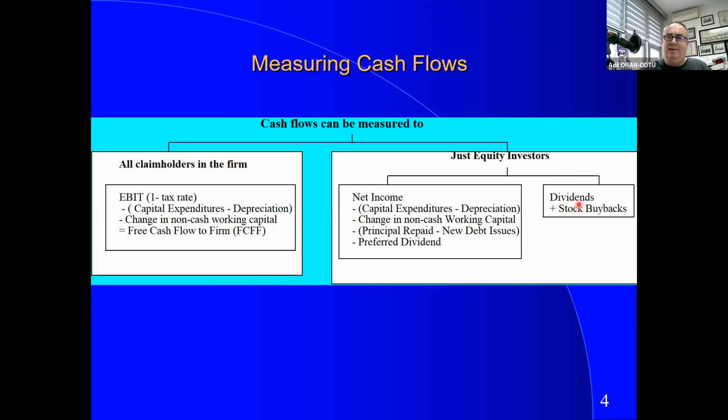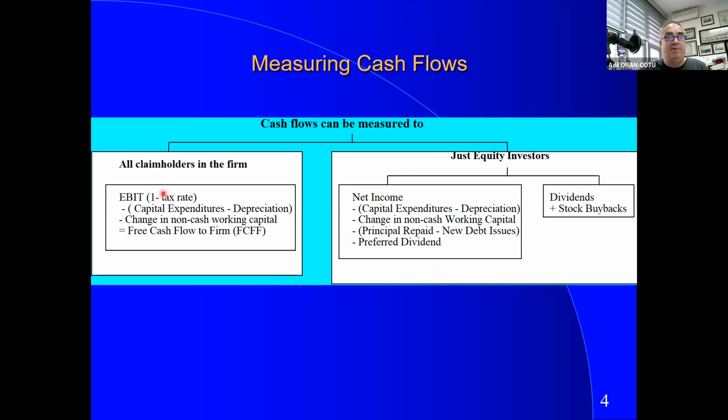But we typically argue that companies may choose not to pay out all that they could, for whatever reason. And in that case, if we simply use the dividends and the stock buybacks, we might be underestimating the actual value of the company, the value of the equity of the company. So here, we're trying to calculate free cash flow to equity holders.